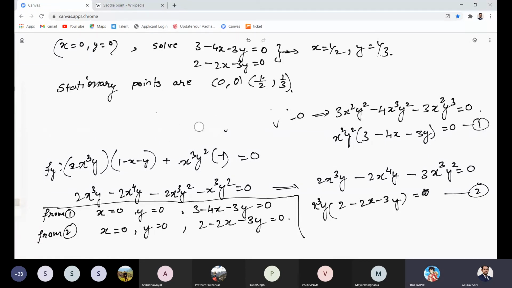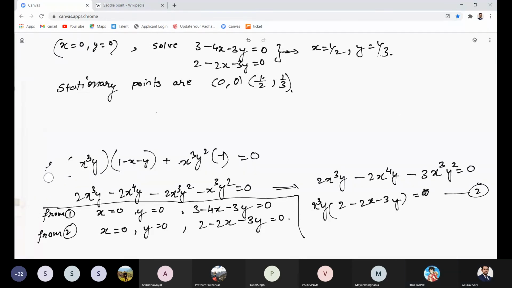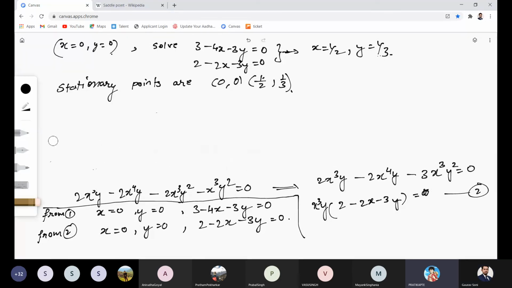Sir, there will be more as well, right? Substitute x equals 0 in the second equation. Yes, exactly. So you can put x equal to 0 in that linear equation, then you can also put y equal to 0 in the second linear equation. So there will be 6 points. Yes, so what are those points? 0, 0; 1 by 2, 1 by 3; 0, 2 by 3; 1, 0; 0, 1; and 3 by 4, 0.